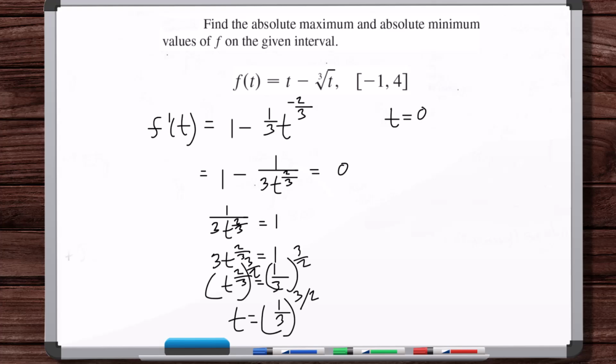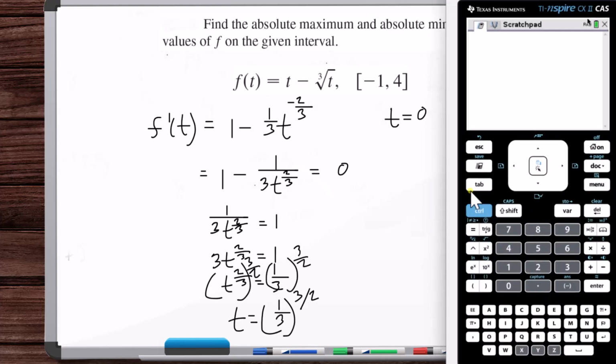Okay, so let's do this to make this easier. Let's say we've got x minus x to the 1/3. We'll store this as e.